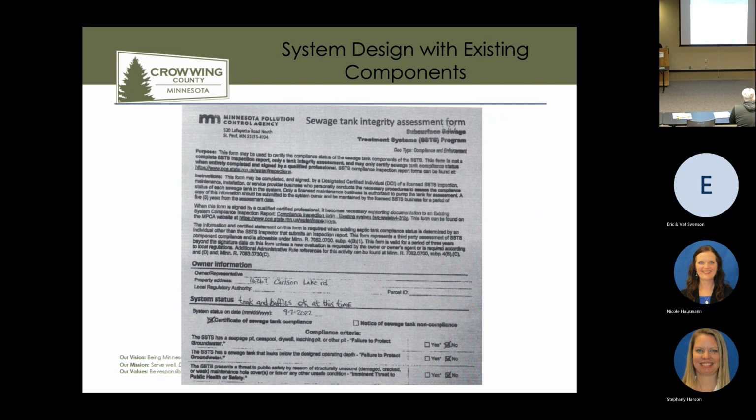If you're going to use an existing component, we have to have that component be compliant and that form associated. So if we're just replacing the tank, do you want all the information on the drain field on the design? Usually you will do the compliance inspection and the design and send us both.